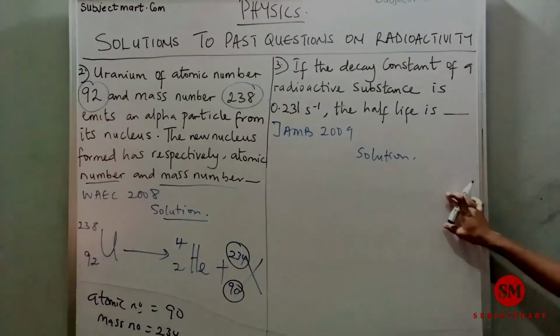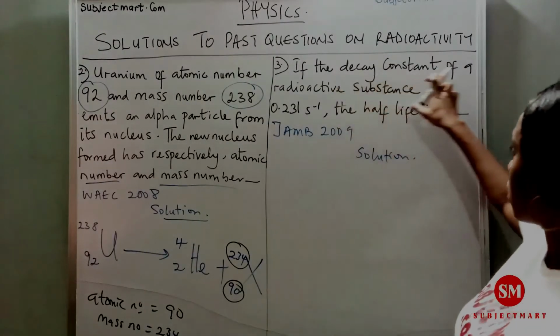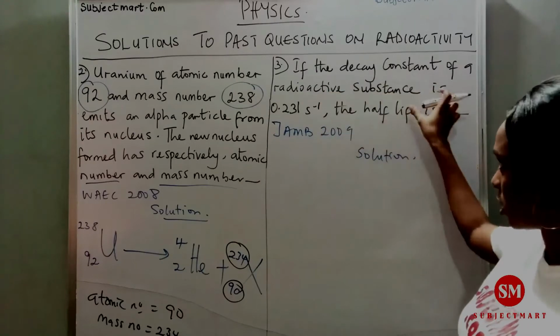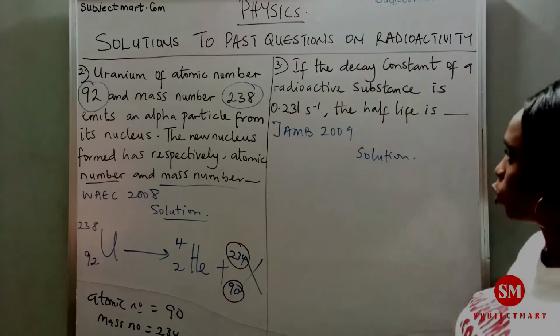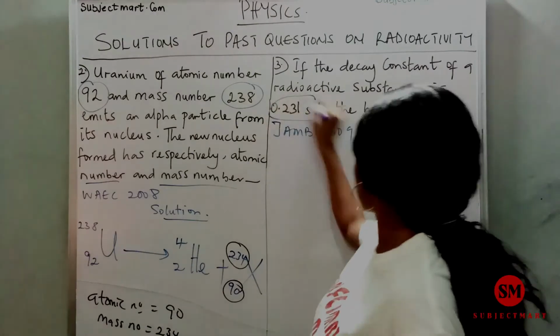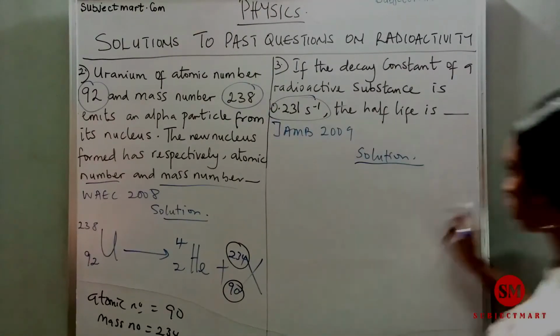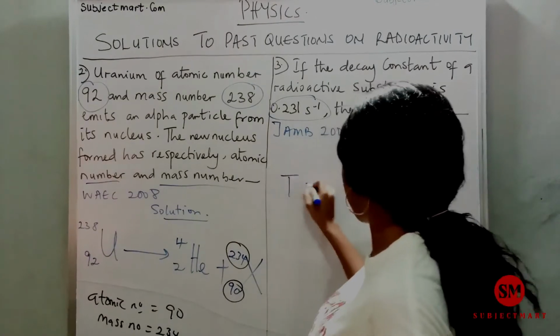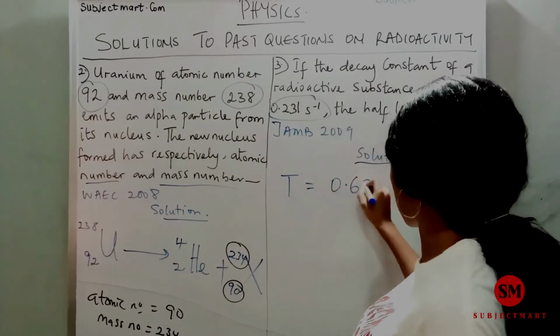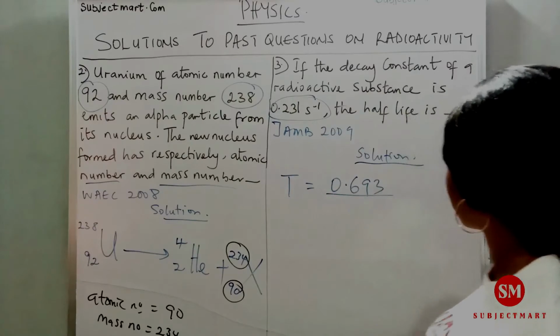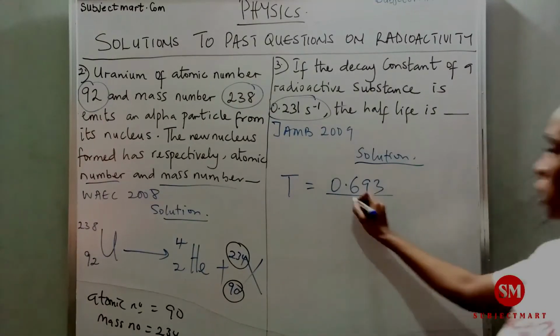The third question here says, if the decay constant of a radioactive substance is 0.231 per second, what is the half-life? This is a very straightforward question. You recall that half-life is equal to 0.693 over decay constant.